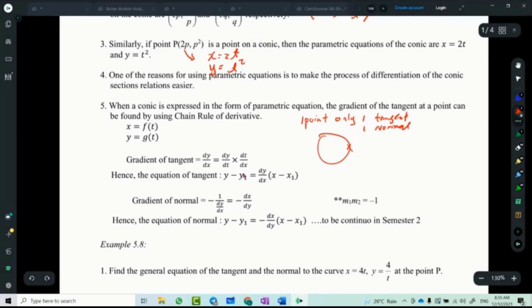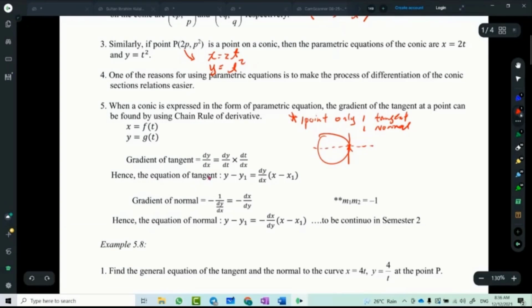At 1 point you have only one gradient, one tangent and one normal. That is a very important concept. At 1 point you cannot have two tangents and so on. So you must have the coordinate point, and only then can you make its equation.